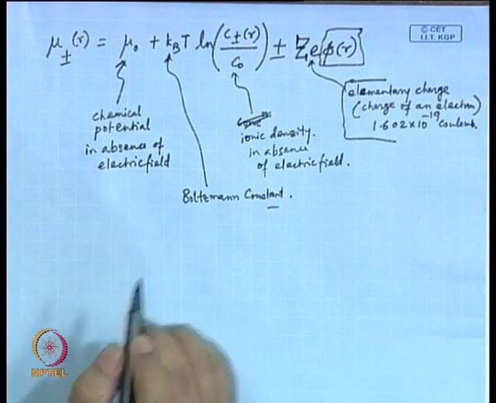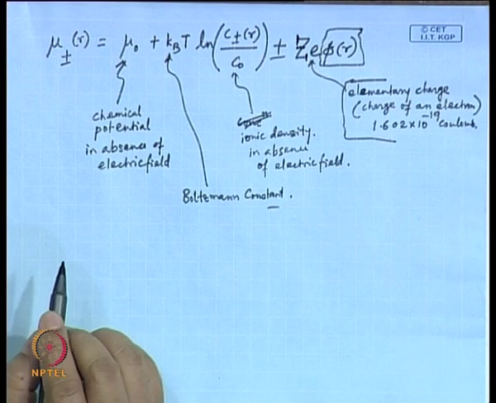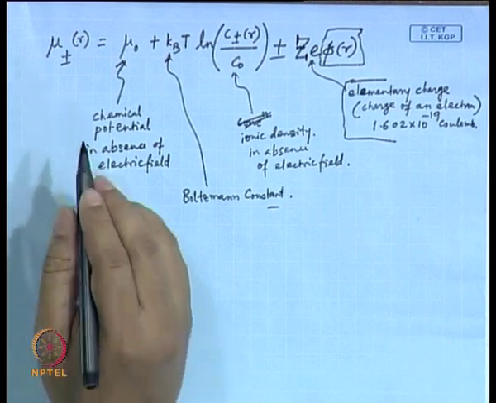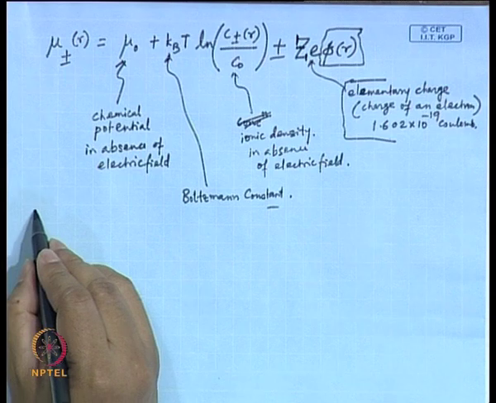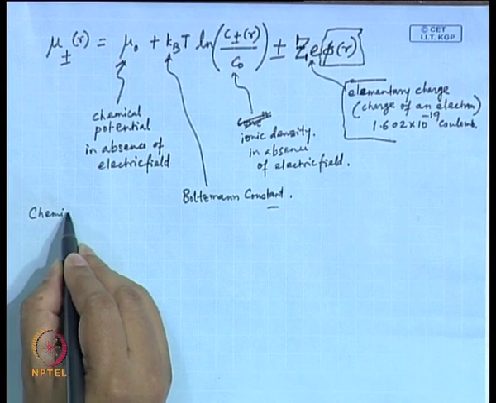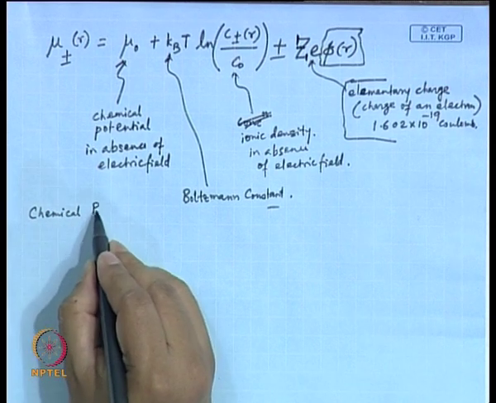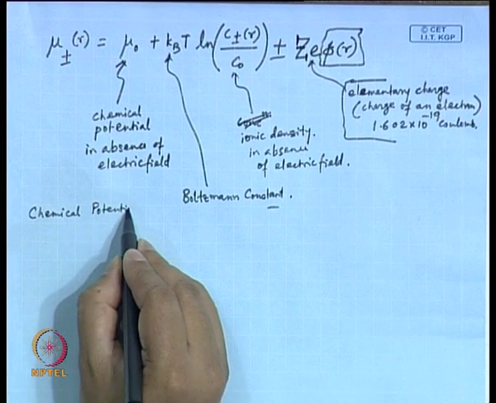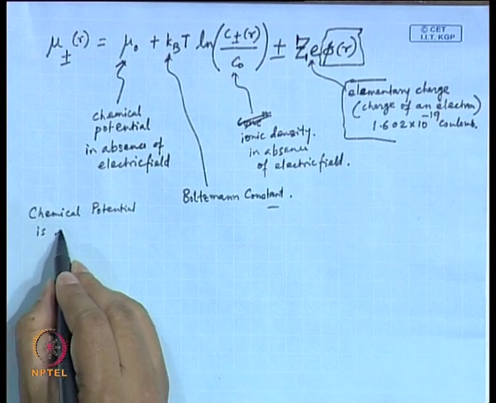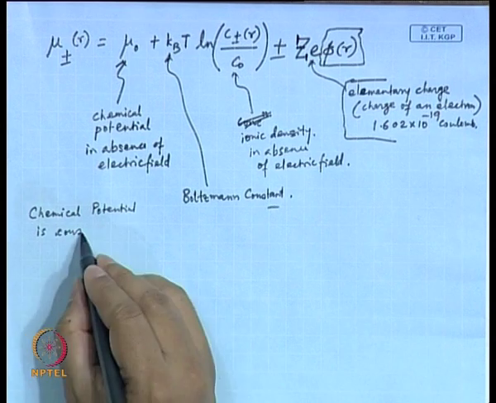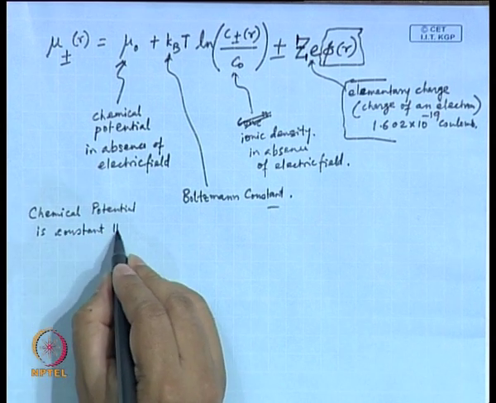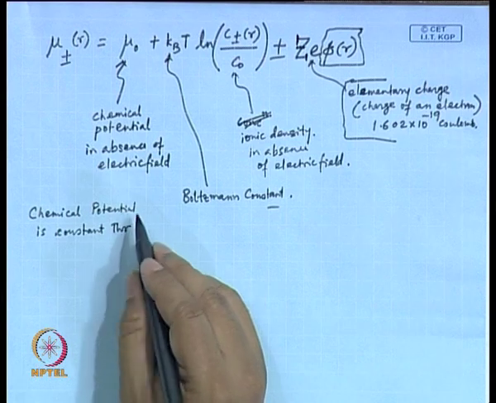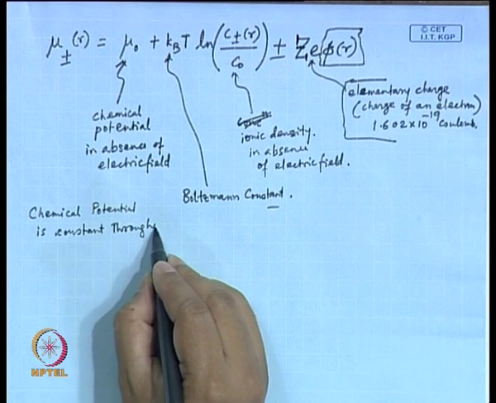Now, what we have here is this chemical potential. This is constant throughout a system. That is something which we have to honor. Chemical potential is constant throughout the system.